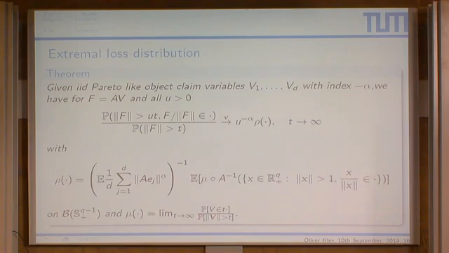And these three ingredients, of course, the dependent structure in this V also counts. These four ingredients actually determine this spectral measure rho in a particular way. So we will have a look at some examples later on to see how things change in different market situations.